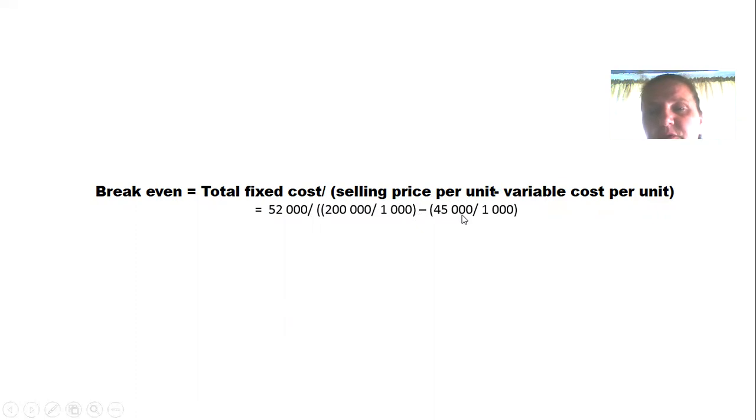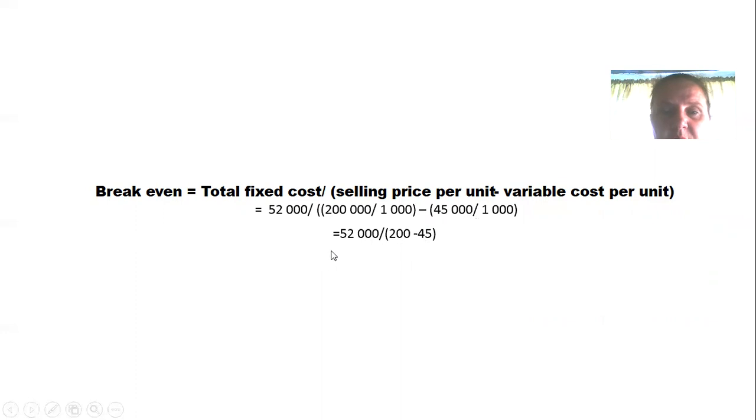Now we're going to substitute that into my break-even formula. Break-even consists of total fixed cost divided by the difference between my selling price and my variable cost per unit. It's very important to remember that it's per unit for the selling price and the variable cost. Total fixed cost we deduced was 52,000, and we divide that by the selling price of 200,000 divided by 1,000, minus the variable cost per unit of 45,000 divided by 1,000.